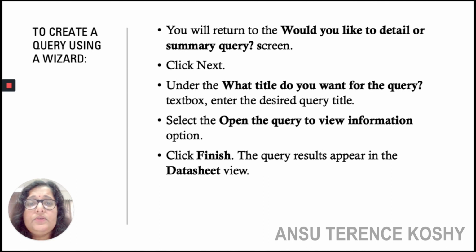You will return to the Would You Like a Detail or Summary Query screen. Click Next. Under the What Title Do You Want for Your Query text box, enter the desired query title. Select the Open the Query to View Information option. Click Finish. The query results appear in the datasheet.